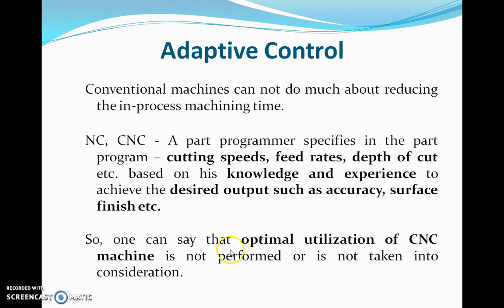The machine may be underutilized, or it may be overburdened with these cutting parameters. So we are not sure that whatever cutting speeds, feed, and depth of cut we are using for a particular part are suitable for the CNC machine. So we have to make sure that these things work in coordination with the CNC machine.